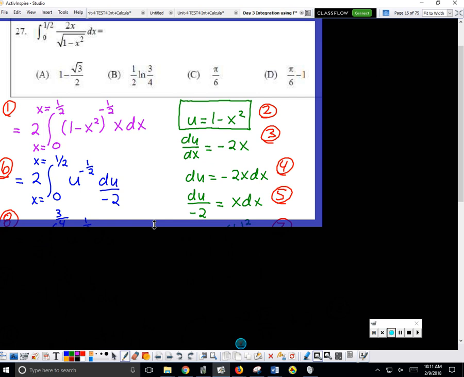If you got further, that's fine, but I need to show you something new at step 6. Yeah, same thing. Negative 1 over 2, think about it. Good question.